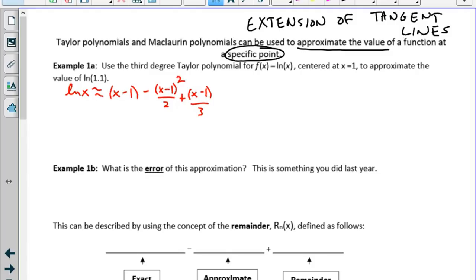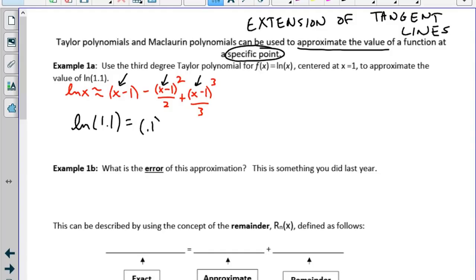And when I copied this from the front, obviously the squared and the cubed didn't get copied, my fault. But if I'm going to approximate natural log of 1.1, what I will do is substitute 1.1 in everywhere there's an x.